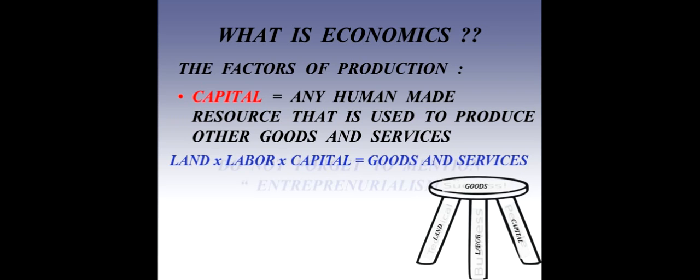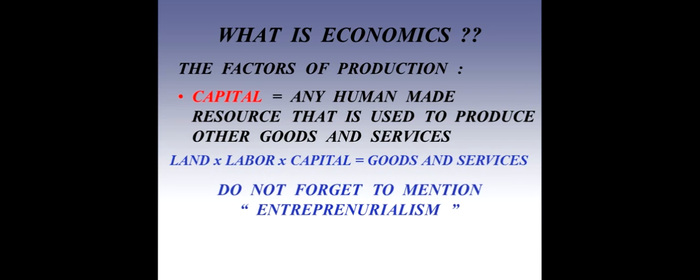Now, some people in some sections of studies of economics say there are actually four factors of production. In the classic study of economics, we really focus on the three: land, labor, and capital. Some others say there are four. They include entrepreneurialism in the mix of the factors of production.